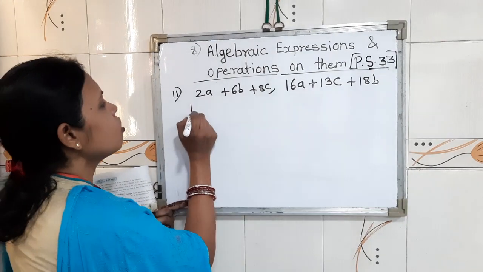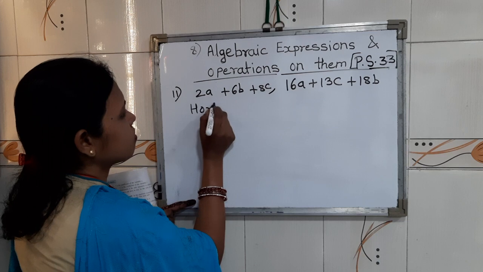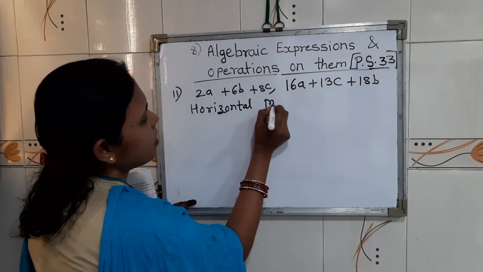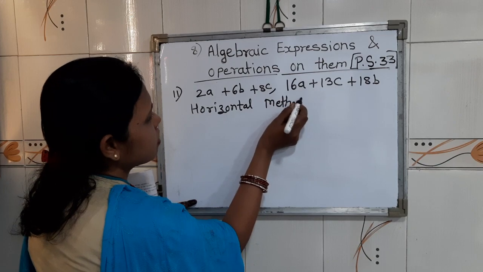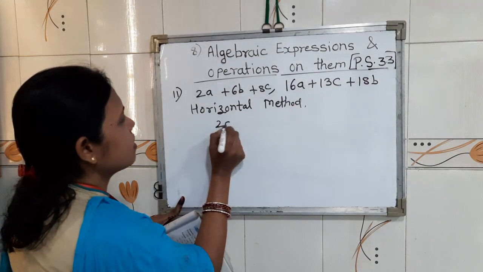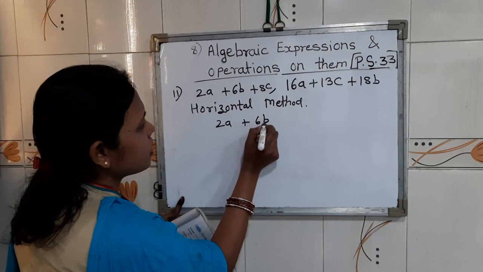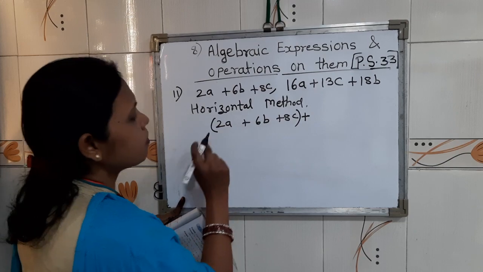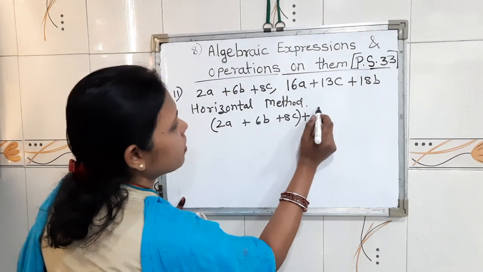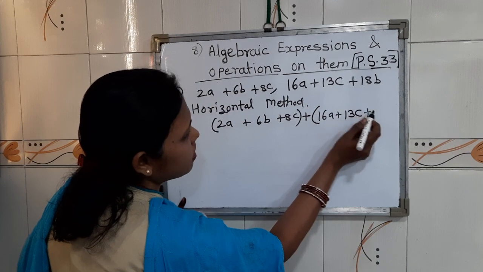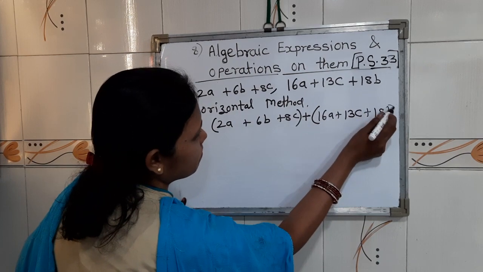First we will do the horizontal method. In this method, we will write 2a plus 6b plus 8c, and put this in a bracket. With this, 16a, 13c plus 18b.